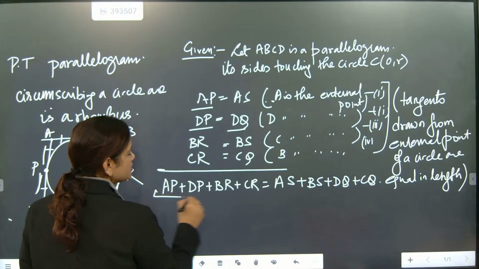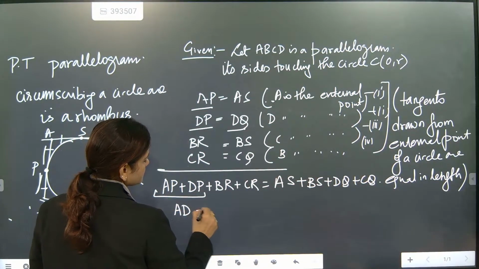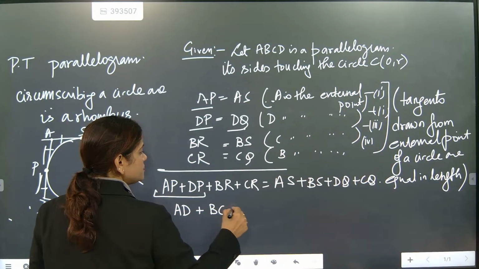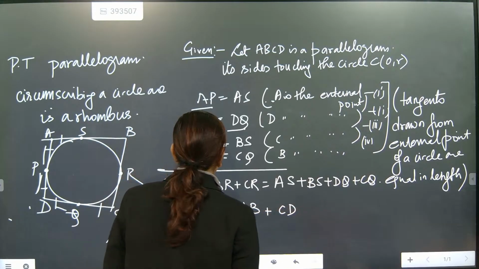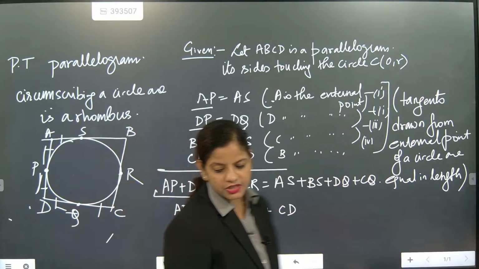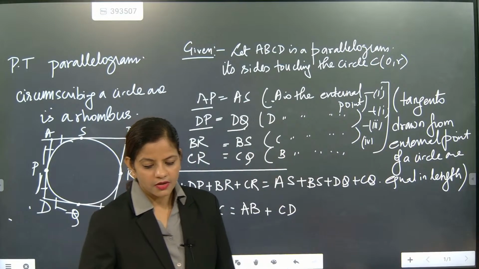So here AP plus DP will become AD, plus here it is coming as DC. Here it will become AB plus CD. It is exactly taking the opposite sides. I hope you have understood.